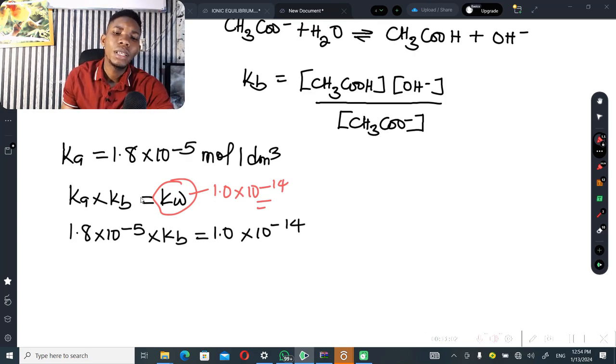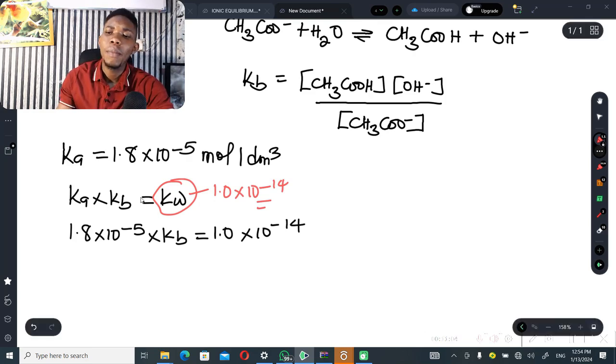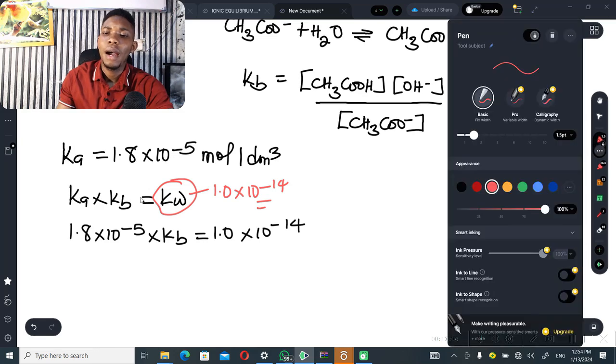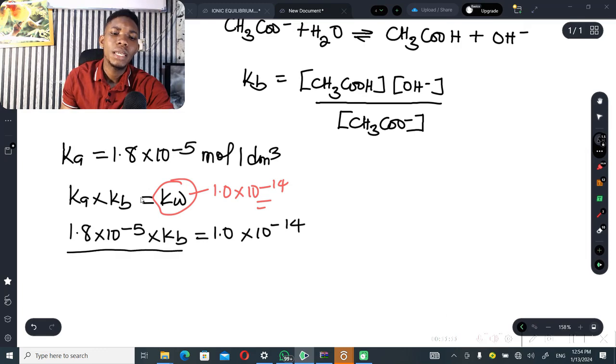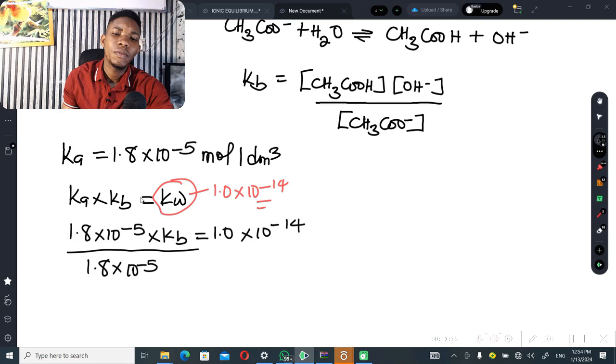So at the end of the day, when you now divide both sides by 1.8 times 10 raised to the power of minus 5, this cancels this.